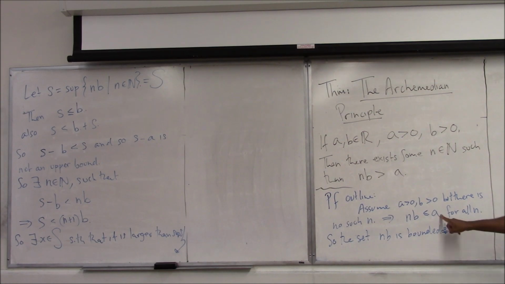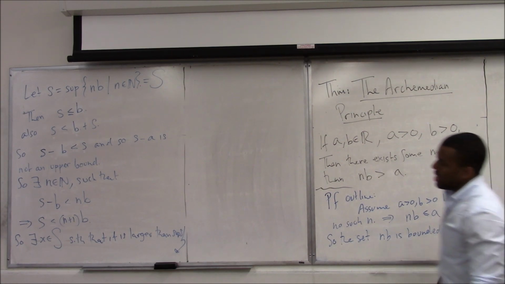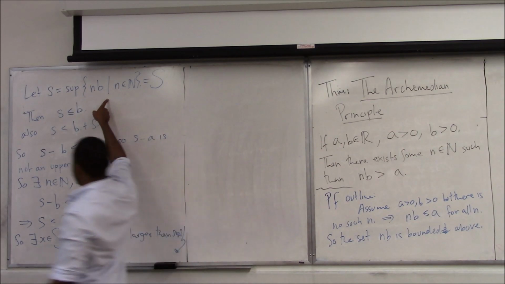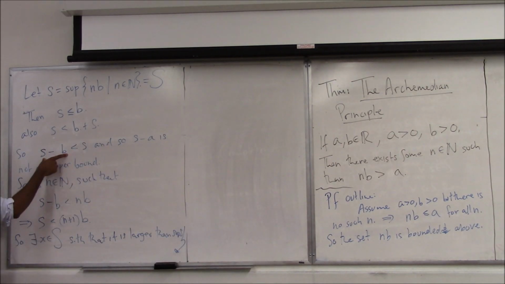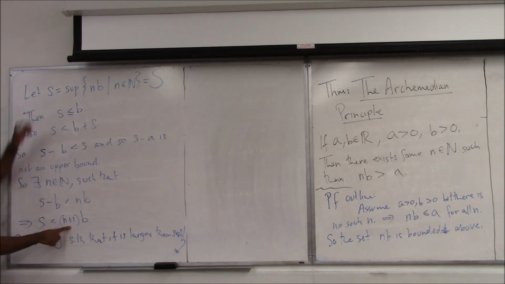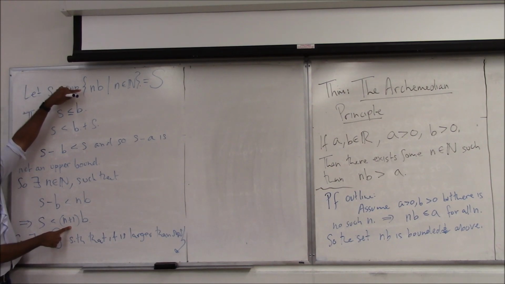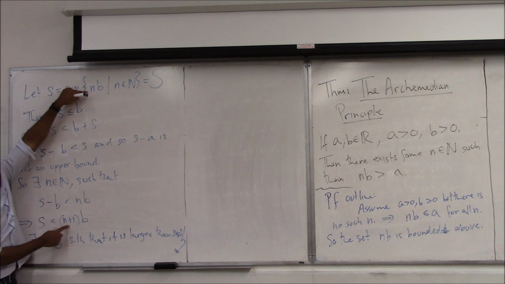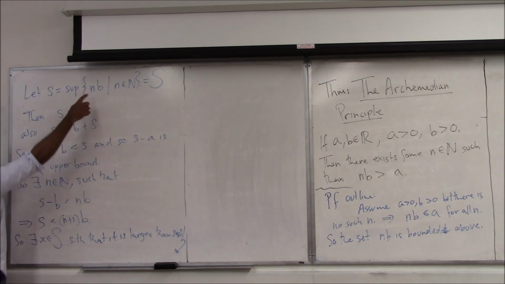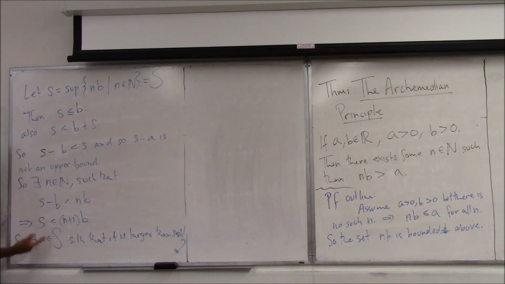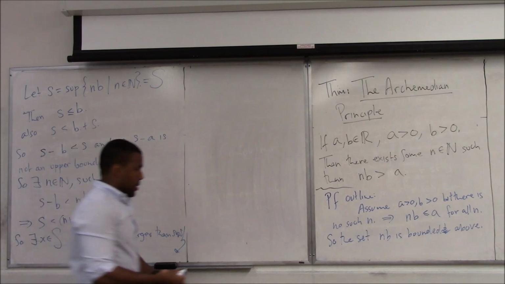If you assume that this is always true, then you can get a contradiction just by identifying the supremum, finding something that's not an upper bound, and then showing that that would imply that the supremum is less than or equal to some element of the set. And this follows from the Peano axioms, right? Because if n is a natural number, then n plus 1 is also a natural number. So this guy has to be in there. So I found an element in here that is larger than the supremum. That's a contradiction. The supremum should be larger than everyone.